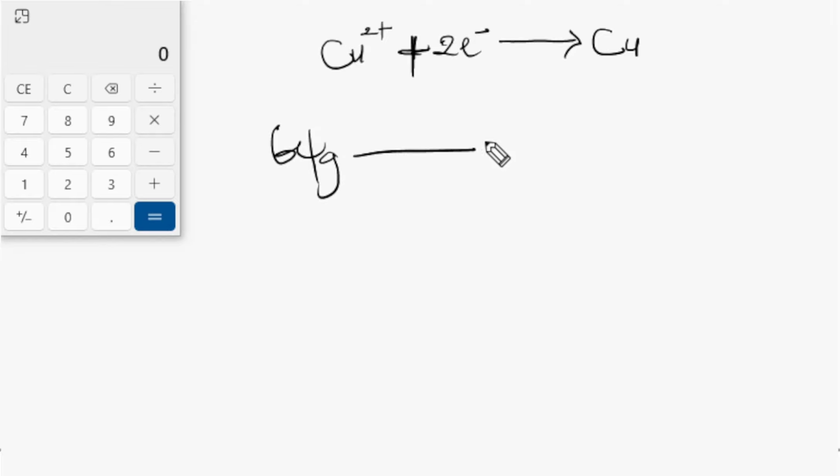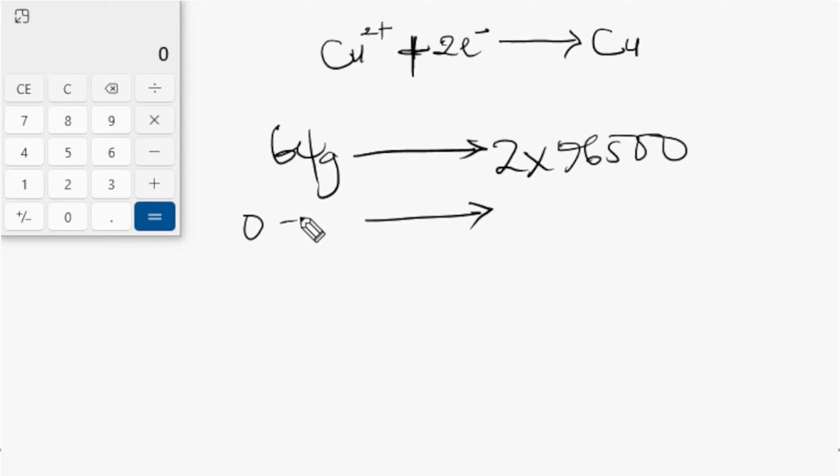So we know that 64 grams of copper will yield, since we have 2 electrons here, that's 2 times the Faraday's constant, and that's 96,500. So whereas if this is the case, guys, we have 0.08 grams of copper. So what will be the charge here? 0.08 grams. So guys, remember to always put the units at the side where they correspond. So this is 64 grams corresponding with the unit here, 0.08 grams of copper.